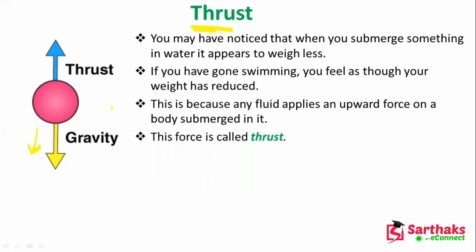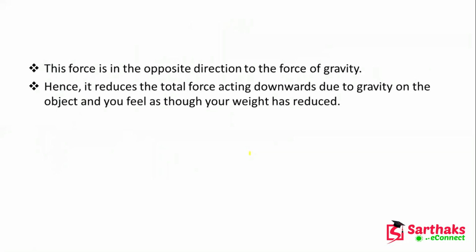So here, always the fluid applies an upward force on a body submerged in it, and this fluid pressure or this force is called the thrust. Now this force is in the opposite direction to the force of gravity.